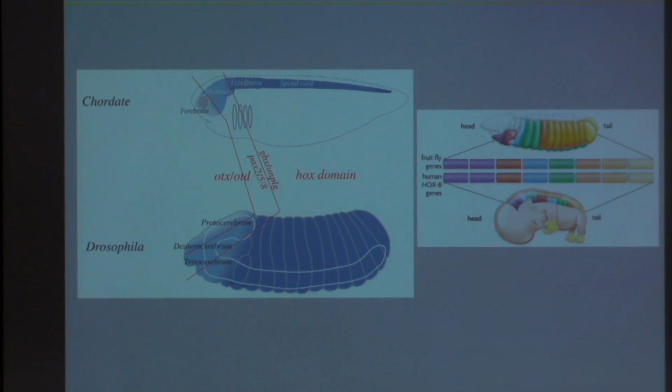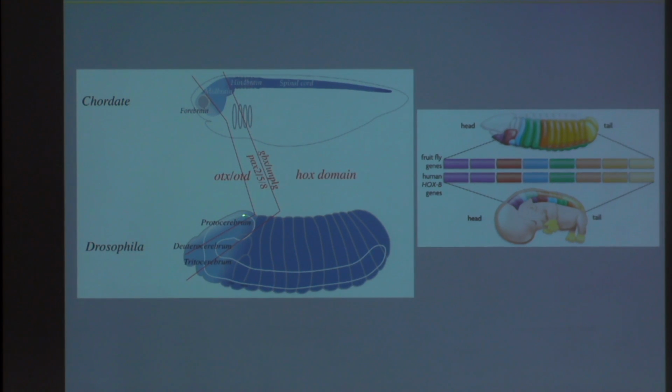However, this has been challenged by molecular genetics. Over the past 30 or 40 years, we've got to know an awful lot about the basic molecular biology of how you set up the animal body plan. One of the most surprising findings, which started off in Drosophila and was then followed up on in chordates, was that if you look at how we set up our basic nervous system on our basic anteroposterior axis, so anterior to posterior, with these color-coded regions of the brain of an idealized chordate here, and then a Drosophila melanogaster here.